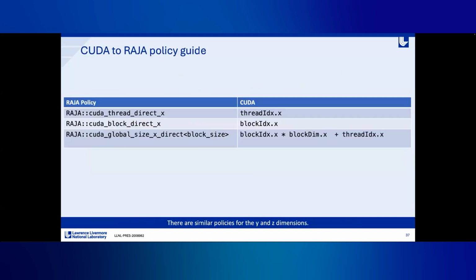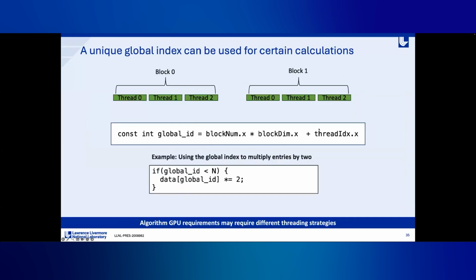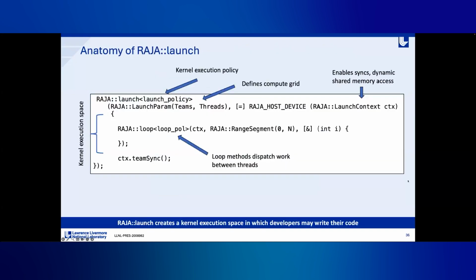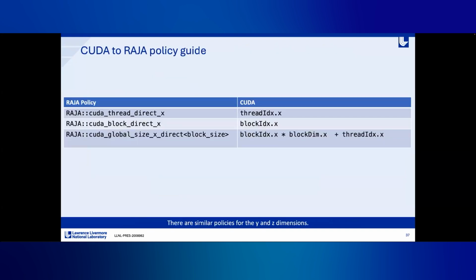We talked about how we can just think about thread IDX, and about the block index that we're in, or block number. Accordingly, we provide policies for each of these different ways of thinking about index.